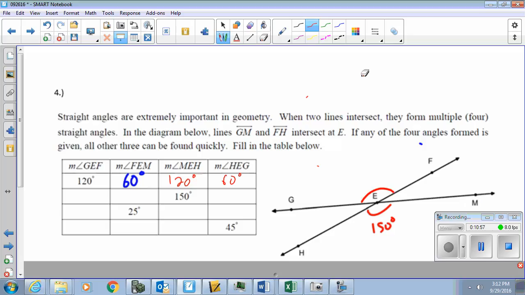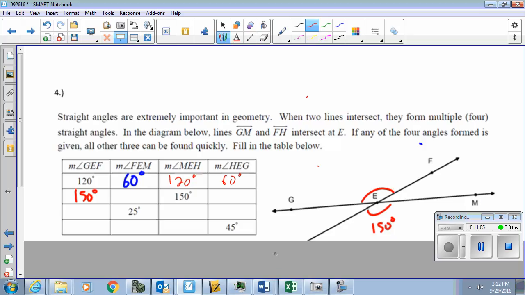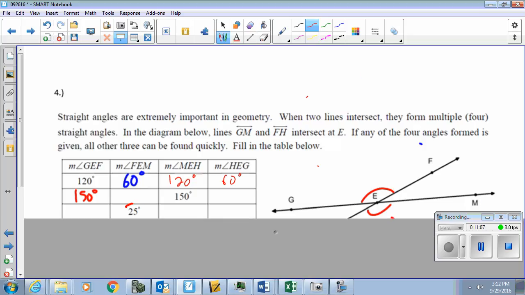Well, hopefully you see that they'd be vertical, right, and congruent. And you can go through and do that. Then for the next one, let's just say you're given this piece of information for this angle. Could you find the other ones? Okay, so I used one diagram, but I was just saying, okay, what if you were given this information? What if you were given this information? So you could fill in the chart from there.